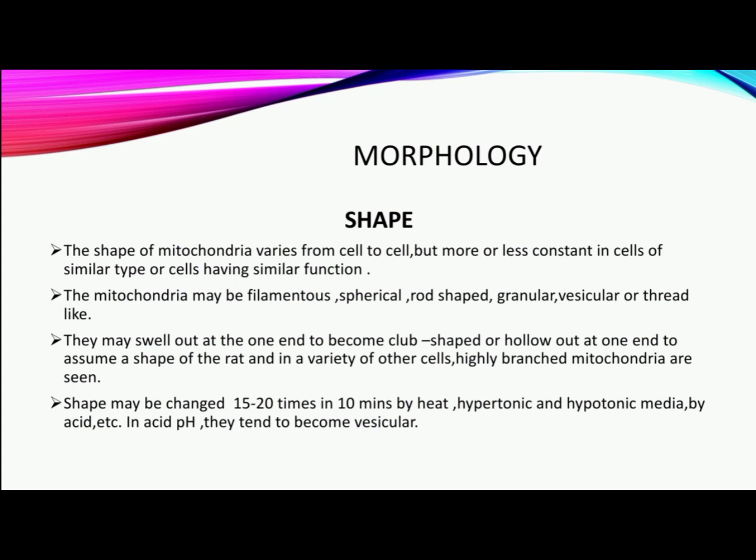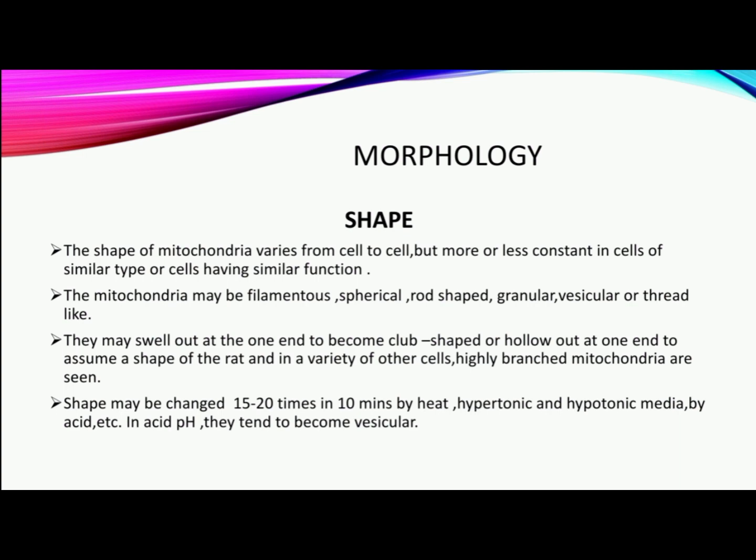Morphology, shape. The shape of mitochondria varies from cell to cell, but is more or less constant in cells of similar types and cells having similar function. The mitochondria may be filamentous, spherical, rod shaped, granular, vesicular, or thread like. They may swell out at one end to become club shaped or hollow out at one end to assume the shape of a racket.